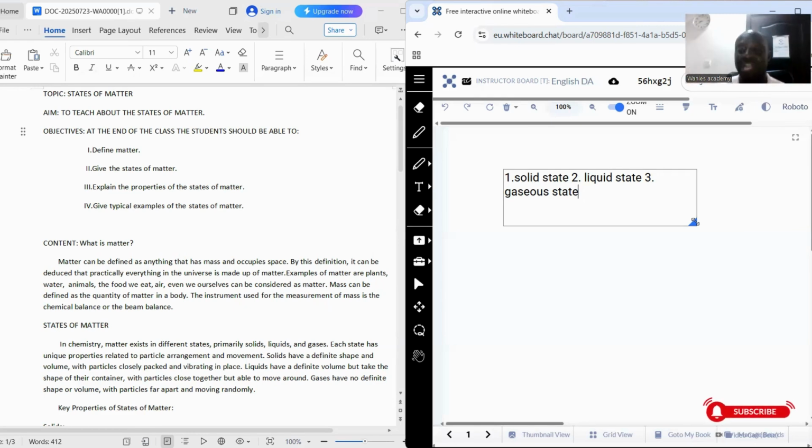However, gases are compressible in nature. You can compress or squeeze gases into a very small space. Typical examples of gases include oxygen, nitrogen, methane, carbon(IV) oxide, and carbon(II) oxide.